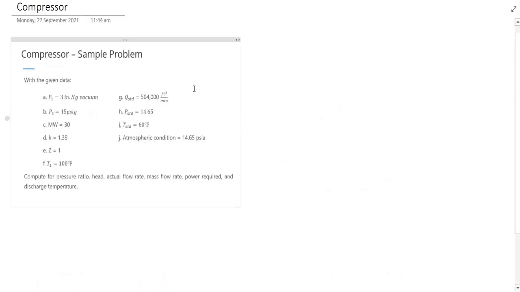Okay, so let's try to solve the problem. So we were asked to find for the pressure ratio. So solve muna natin yung pressure ratio. Okay, so P2 over P1. So P2 is 15 psig.